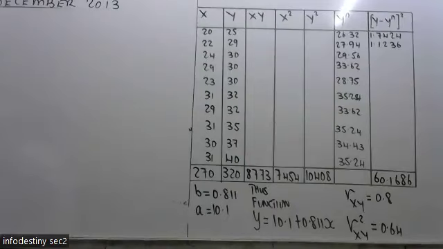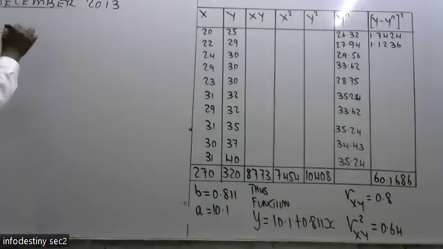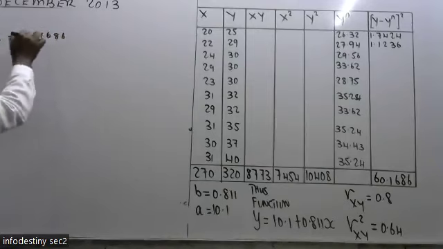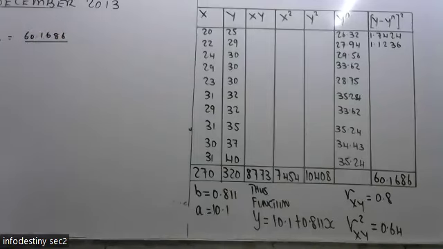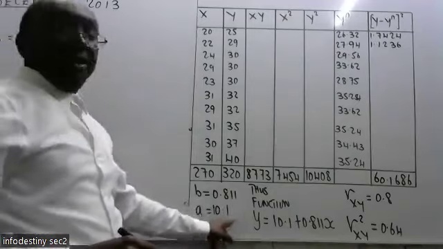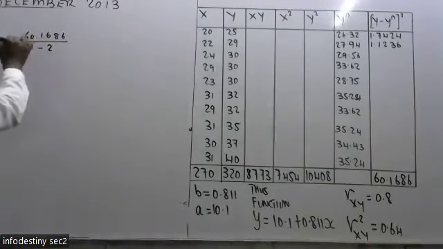Okay. So if we have understood, then our SE will be by the formula, the square root of 60.1686 divided by n. N is 10. And I told you K is 2, the number of items you have computed, this A and B. That is the degrees of freedom.